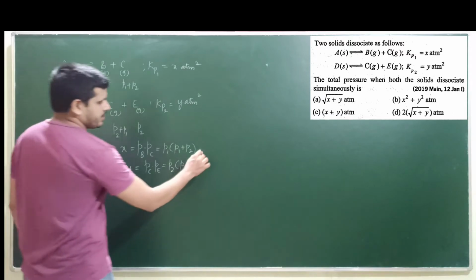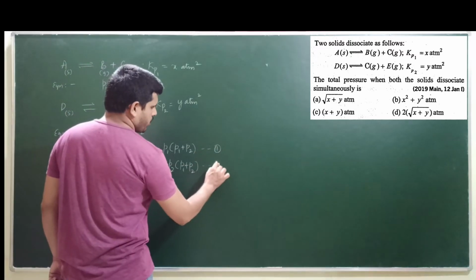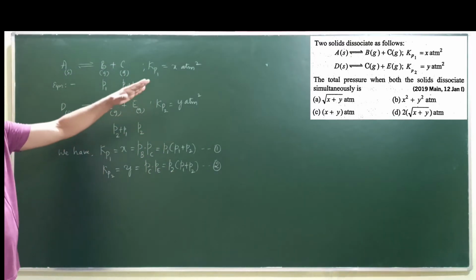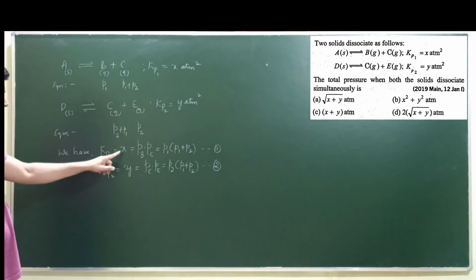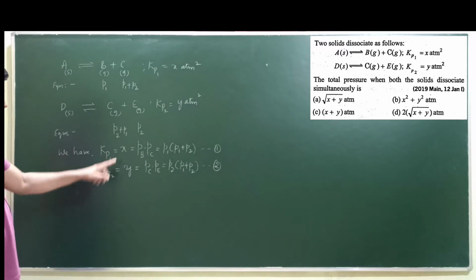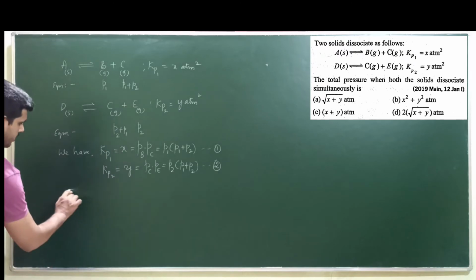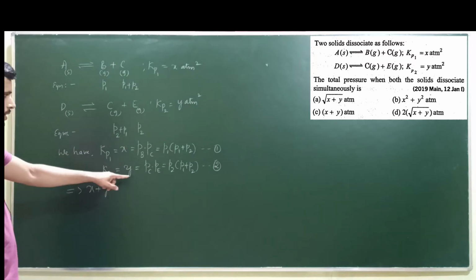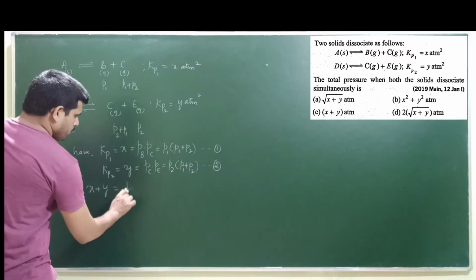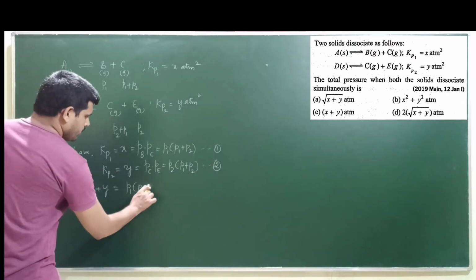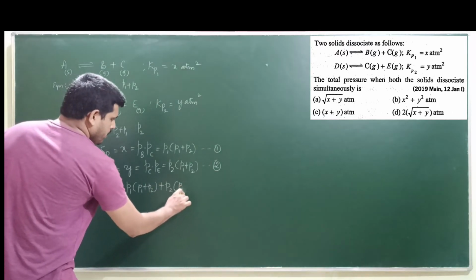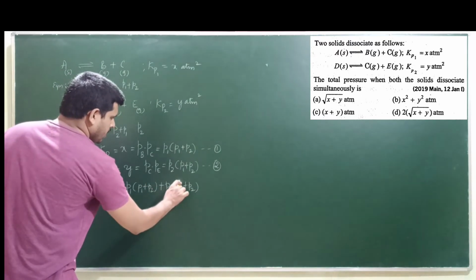So let me write this as equation 1, equation 2. What I'll do is add these, because in the options the X plus Y form is there, so I have to add Kp1 plus Kp2. So X plus Y is equal to P1 into P1 plus P2, plus P2 into P1 plus P2. Am I right?